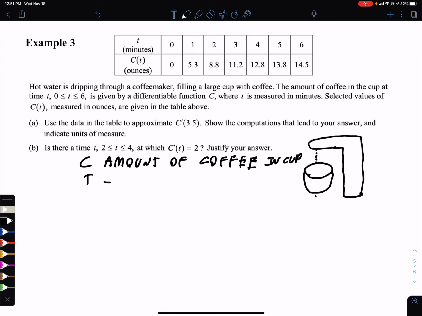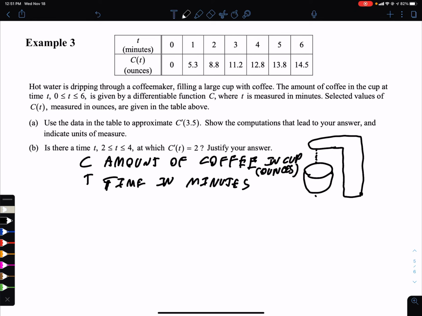So T is time in the units of minutes. And the units of the coffee, they tell us somewhere, it's ounces. Yes, ounces. T is in minutes, so the time coffee's been dripping into the cup. Okay, so we're good at that.